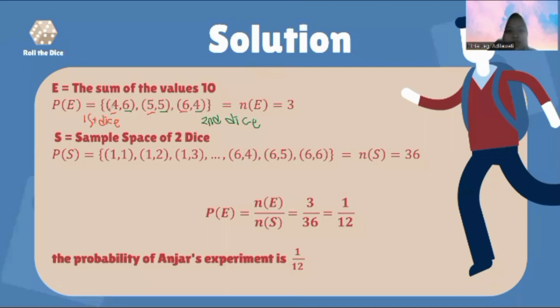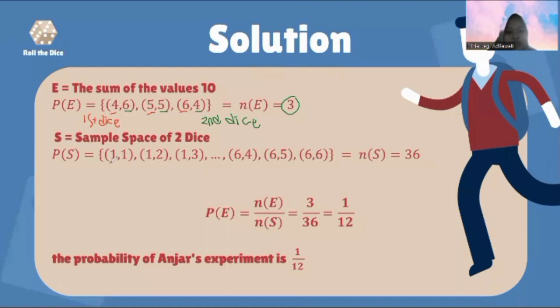Okay, so n(E) equals 3. And for S, the sample space, S is equal to the sample space of 2 dice. It can be written as S is equal to open bracket 1.1, 1.2, 1.3 until 6.4, 6.5, and 6.6.